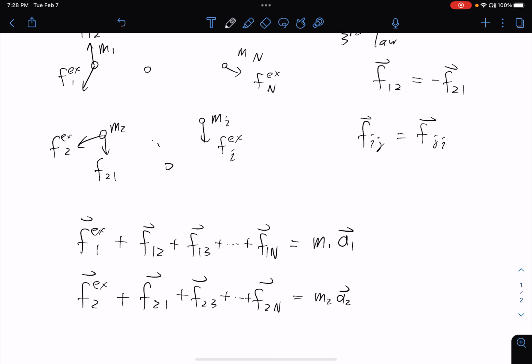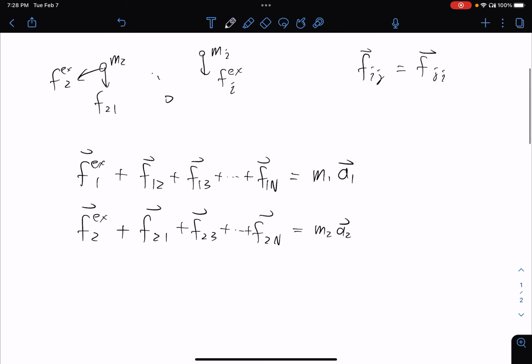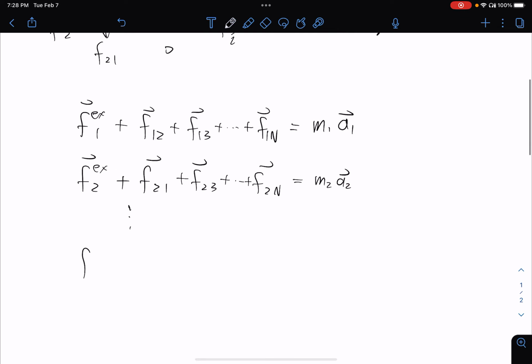And this will equal the mass of mass point 2 times its acceleration. We can keep doing it until the last mass point, which will also have an external force on it in general, and all the other mass points can in general have a force acting on it, and we will keep adding until the n minus 1 mass point.